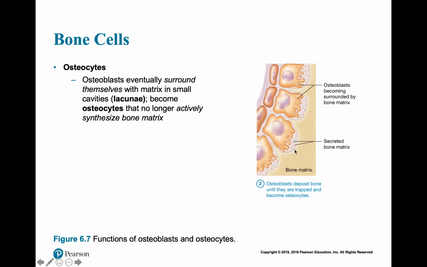But essentially, they enclose themselves in the bone matrix, and once they do that, they're no longer forming bone. They're mature bone cells called osteocytes, and their function really is just to help maintain the bone. They don't form more bone, they just maintain the bone that already exists, okay?